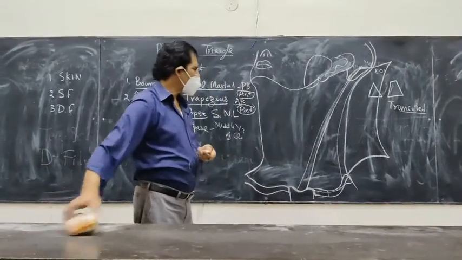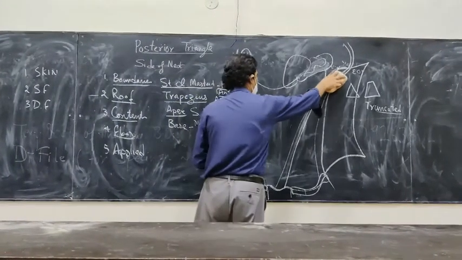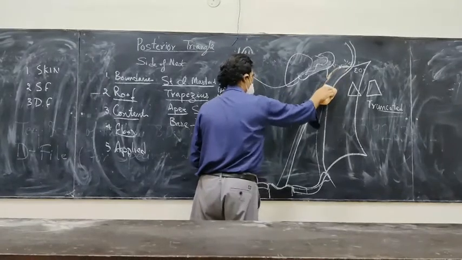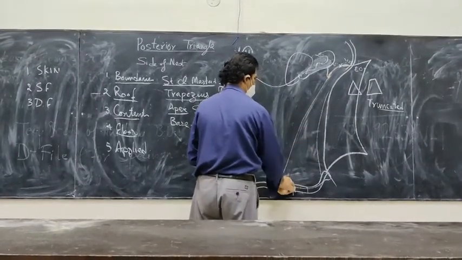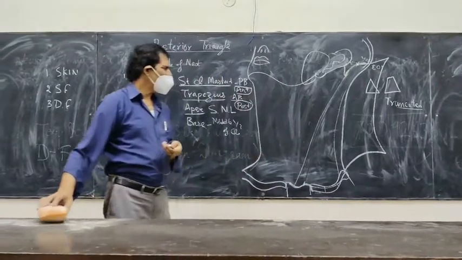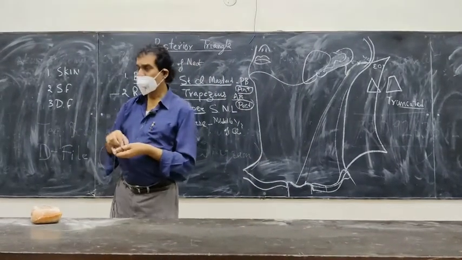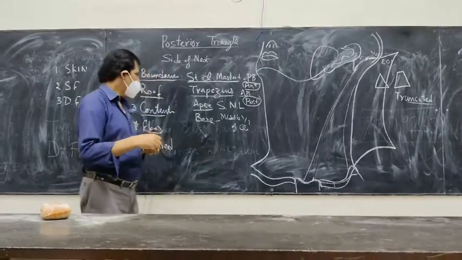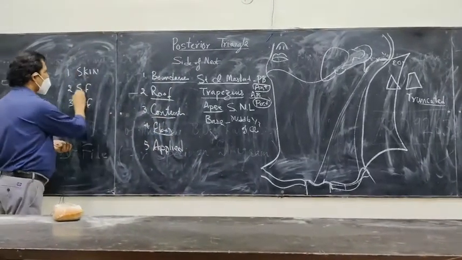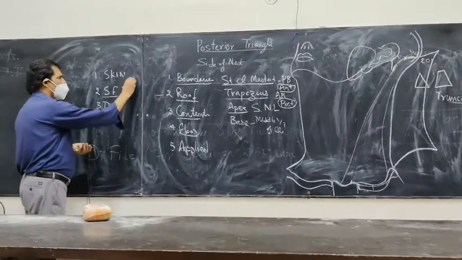When we cut the skin, we have exposed the roof of the posterior triangle. When we remove the skin, below the skin what will we find? Superficial fascia. And what is the content of the superficial fascia?